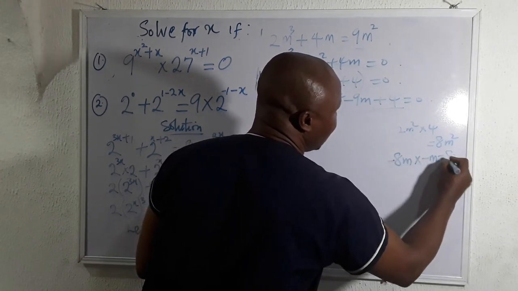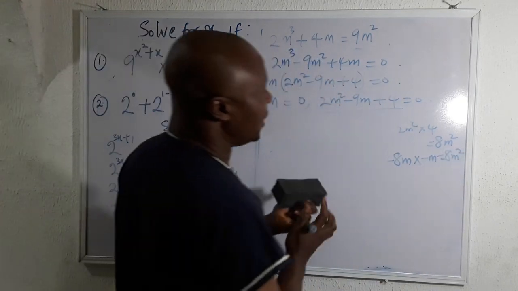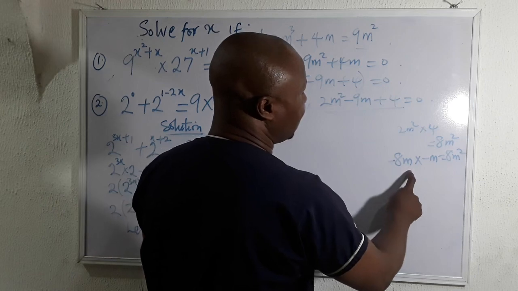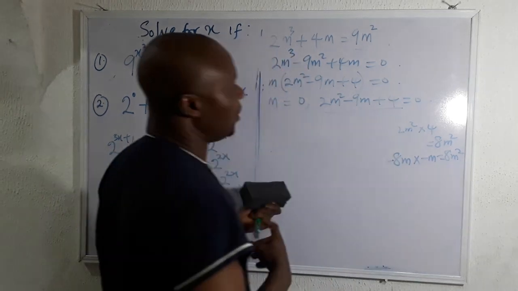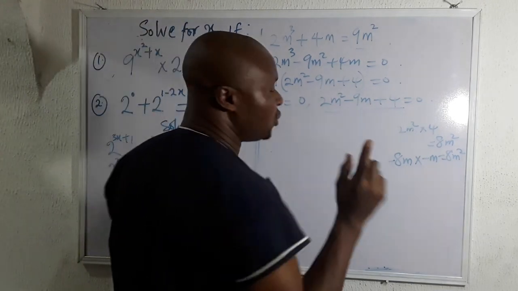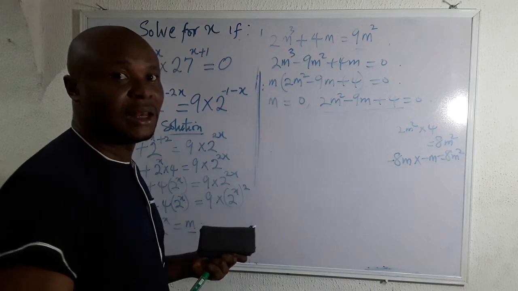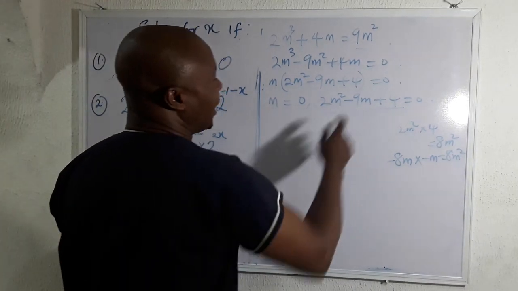That will give us 8m squared, and when we add them, minus 8m minus m is minus 9m. So we substitute these values, minus 8m minus m, in place of 9m.